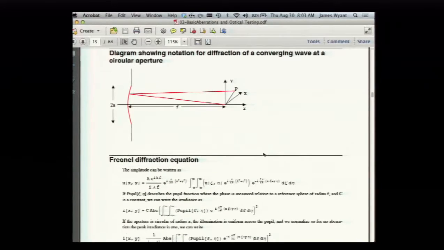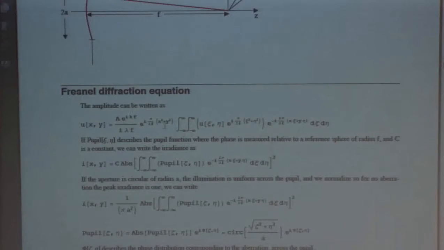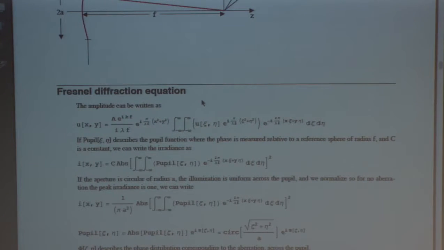And so we could write the Fresnel diffraction equation for this, which all of you have seen. Probably the print's a little small to see from the screen here. But there's a factor out in front that we're going to sort of forget about in just a minute here. And then inside we have the wavefront and then the Fourier transform of that wavefront.